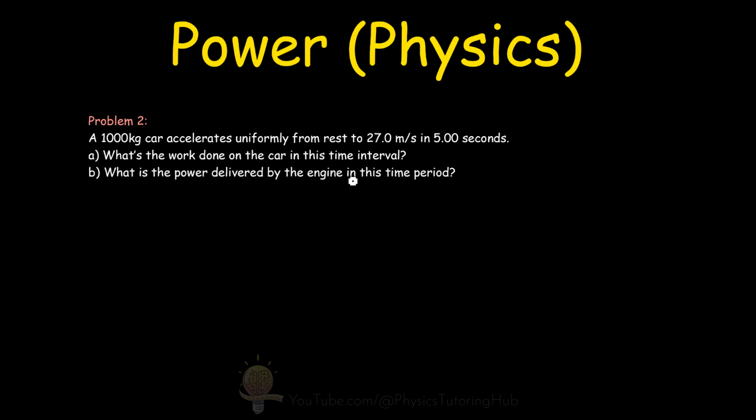So we learned in a previous lesson on the work kinetic energy theorem that the net work done on an object is equal to the difference in the object's final and initial kinetic energy. In our question, work is being done on our car, causing it to increase its speed, and therefore its kinetic energy.